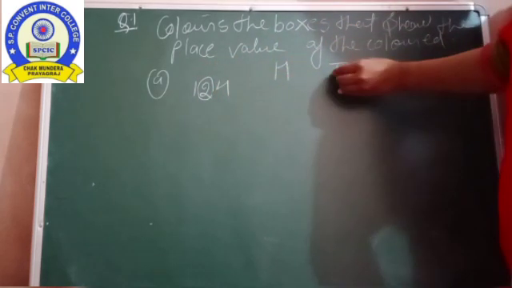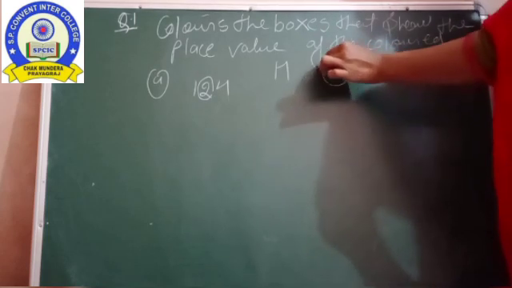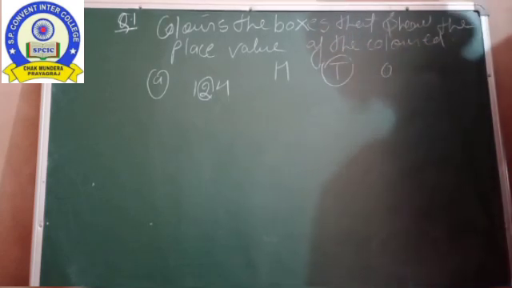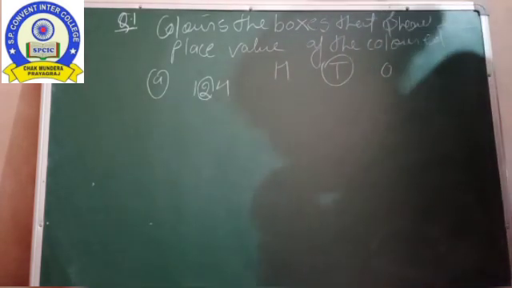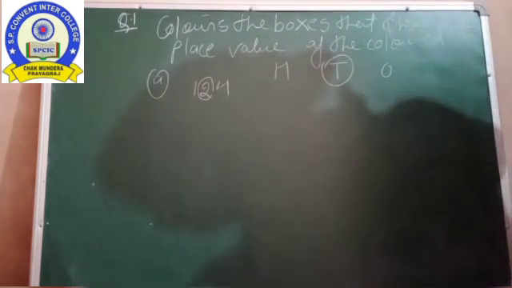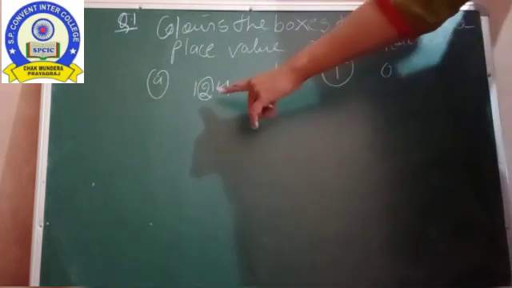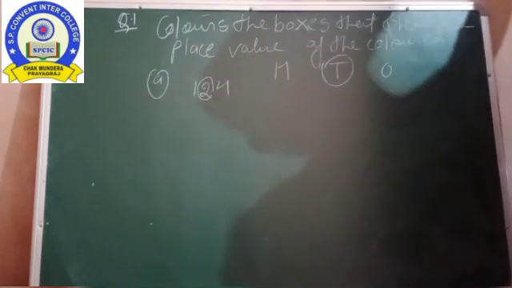Tens place. Its place value is, what will it be? 2 into 10, that is 20.